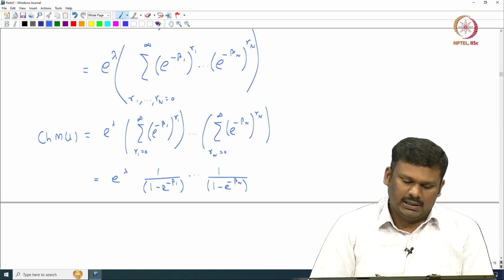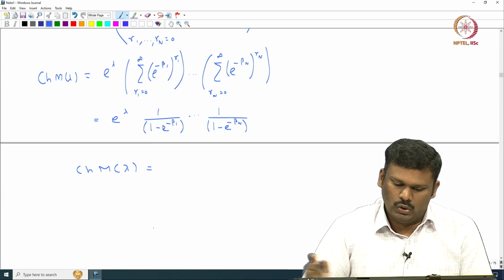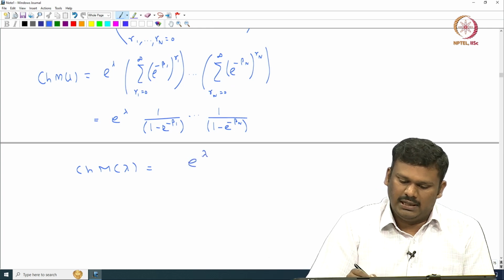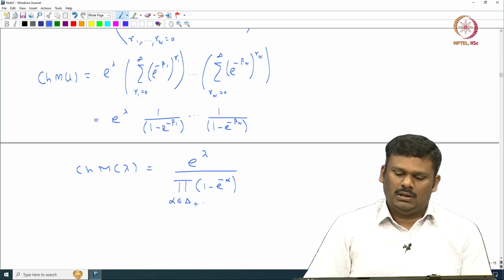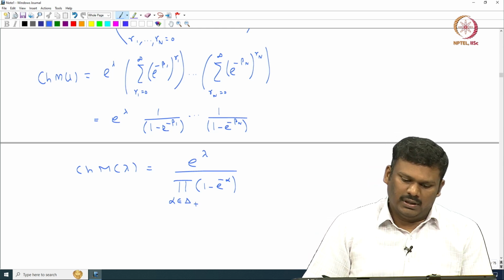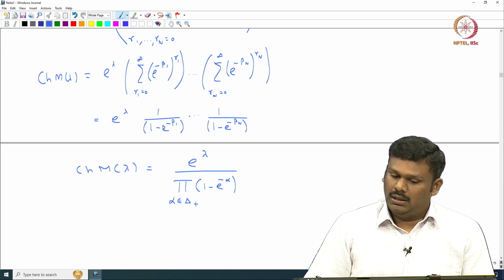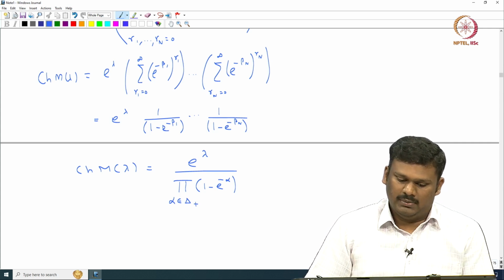So, indeed, using this language, the character of M of lambda has the following closed formula: e power lambda divided by the product of 1 minus e power minus alpha, where alpha comes from delta plus. So, we have a very nice closed formula for the character of M of lambda using this PBW basis that comes from U n minus.